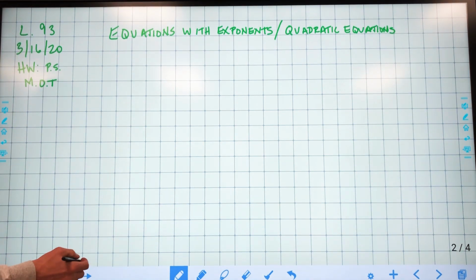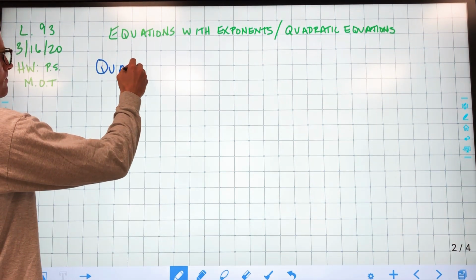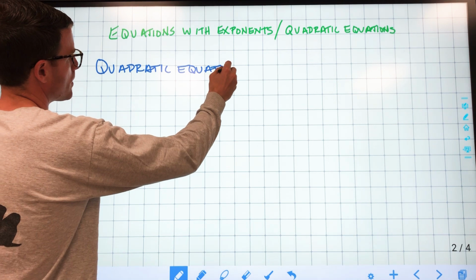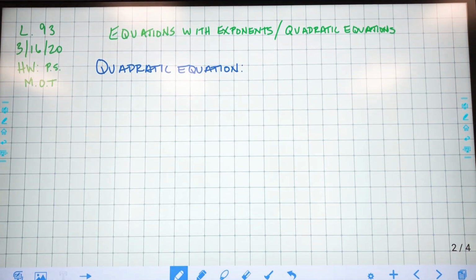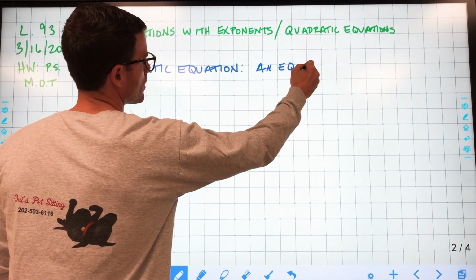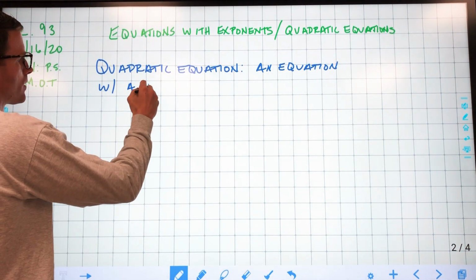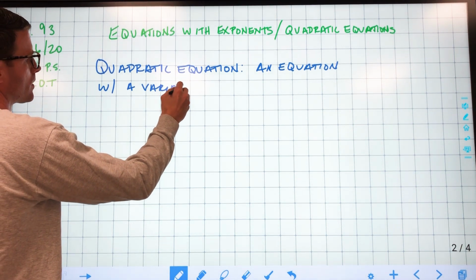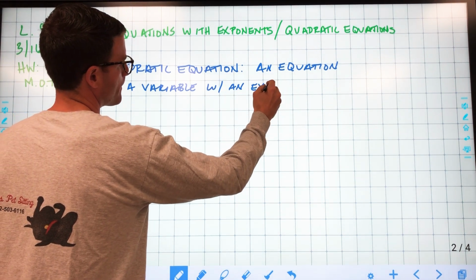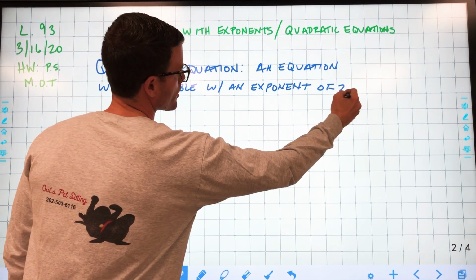So first, let's start by defining what a quadratic equation is. A quadratic equation is simply an equation with a variable with an exponent of 2.